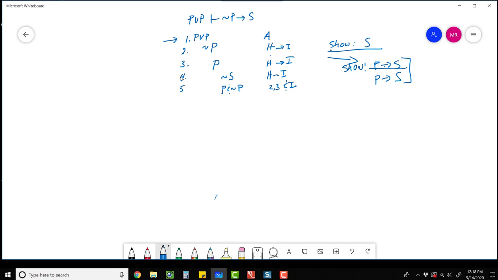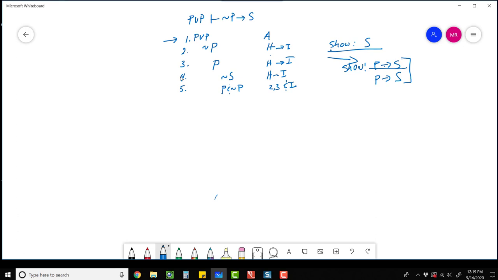But that's not true either, okay? Any contradiction works, and it just so happened that P and not P were sitting there for you. Okay, so the important thing here is you really just got to trust your rules and to resist some of your normally trustworthy instincts in proofs like this.